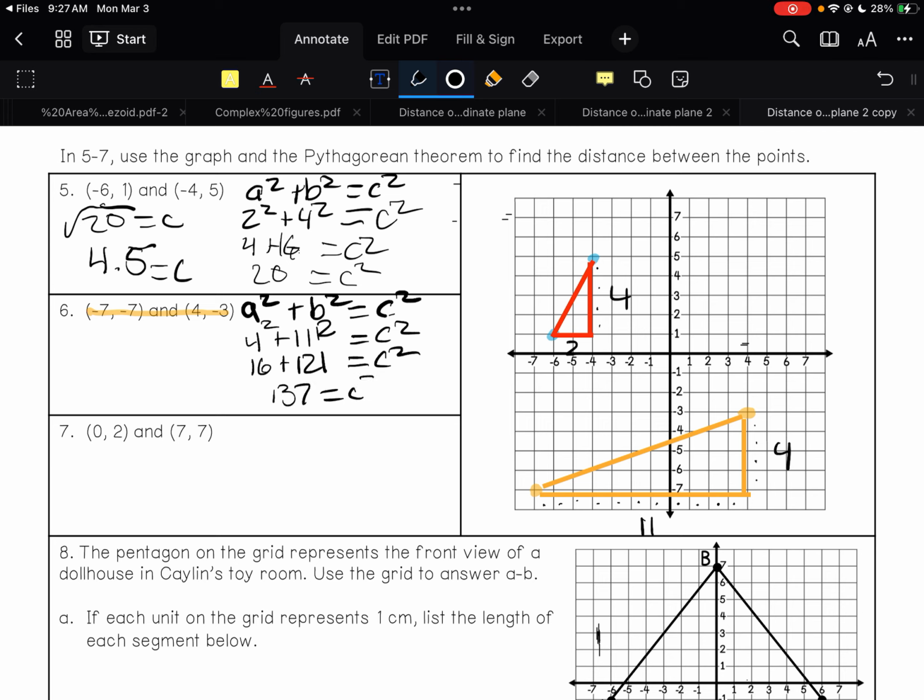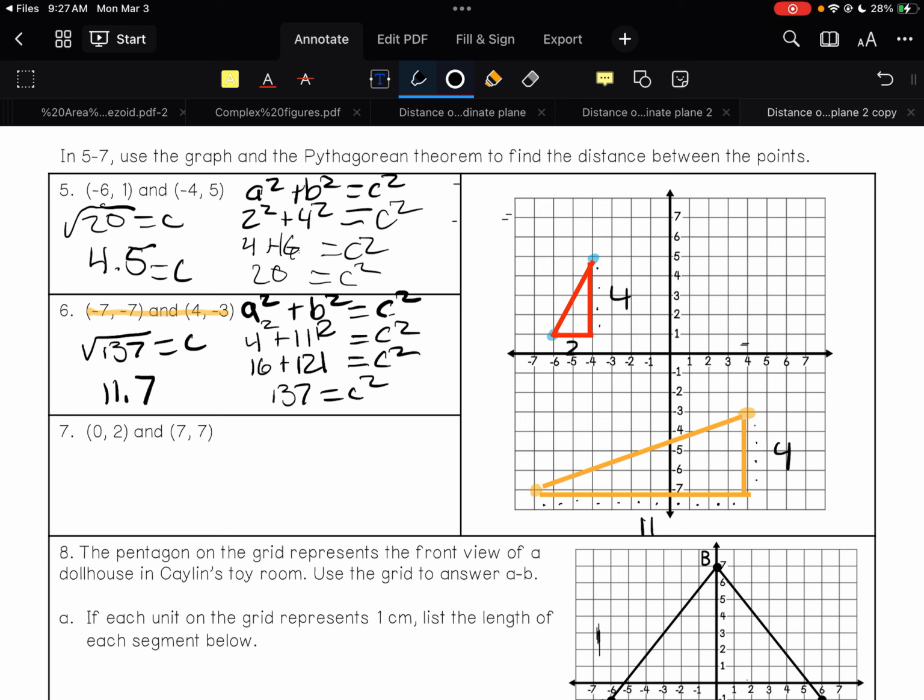It's equal to c squared. So we can do the square root of 137 is equal to c, which is 11.7.